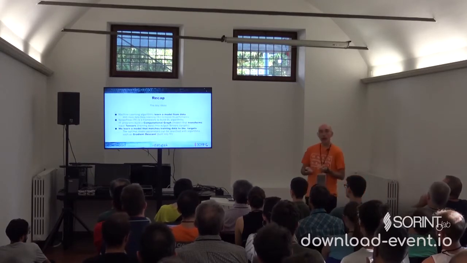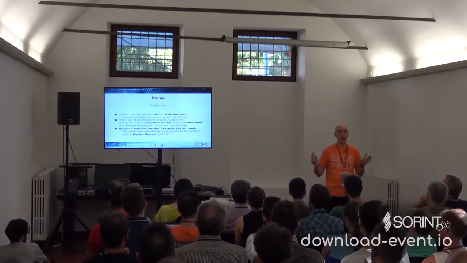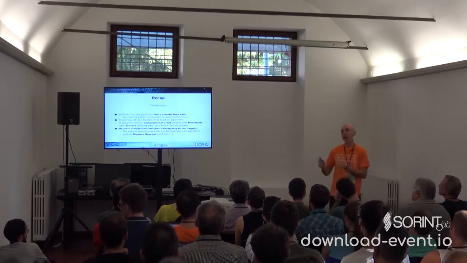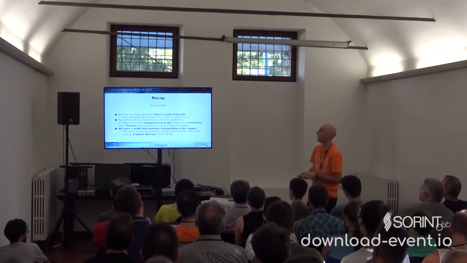TensorFlow, remember, keep always separated the computational graph from its execution. First of all, you build the computational graph and then you execute the computational graph.